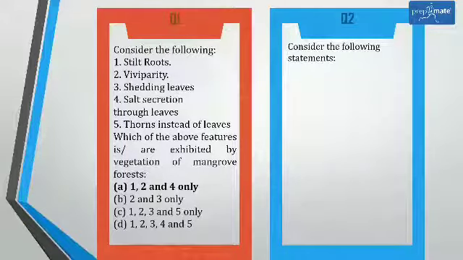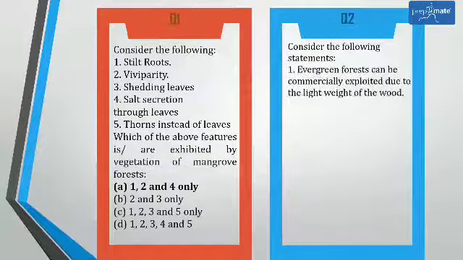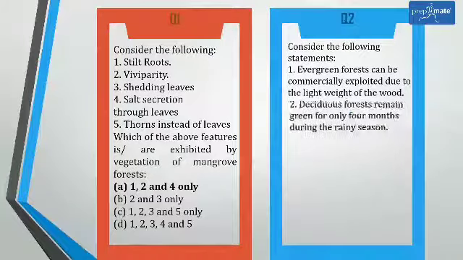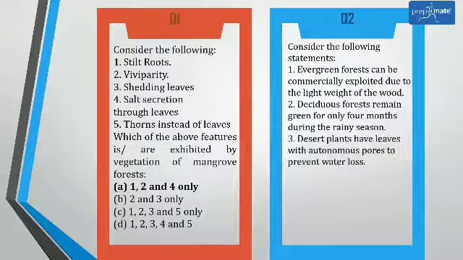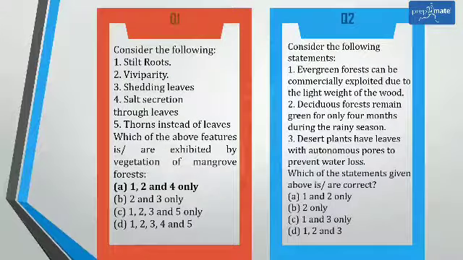Question number 2 is, consider the following statements. Statement 1 is, evergreen forests can be commercially exploited due to the light weight of the wood. Statement 2 is, deciduous forests remain green for only 4 months during the rainy season. Statement 3 is, desert plants have leaves with autonomous pores to prevent water loss. Which of the following statements given above is or are correct?